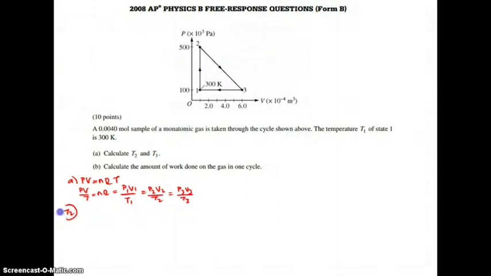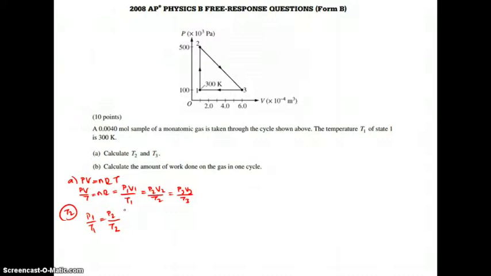To find T2, we should look at the process between 1 and 2. The process from 1 to 2 is an isochoric process because volume doesn't change. Since the volumes are the same at points 1 and 2, we can simplify this equation into P1 over T1 equals P2 over T2.